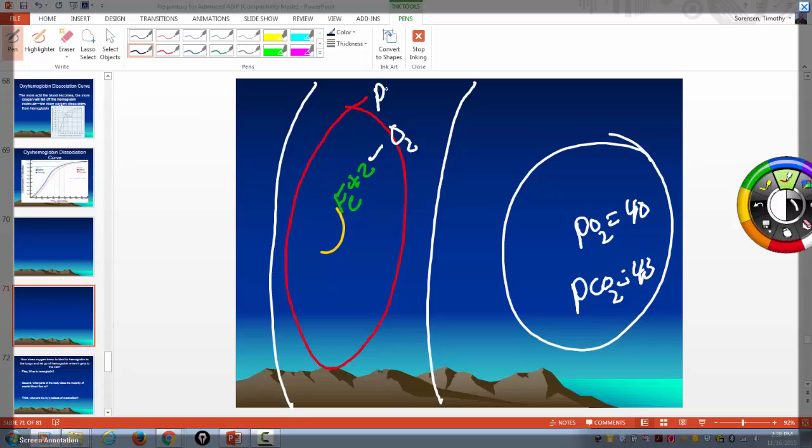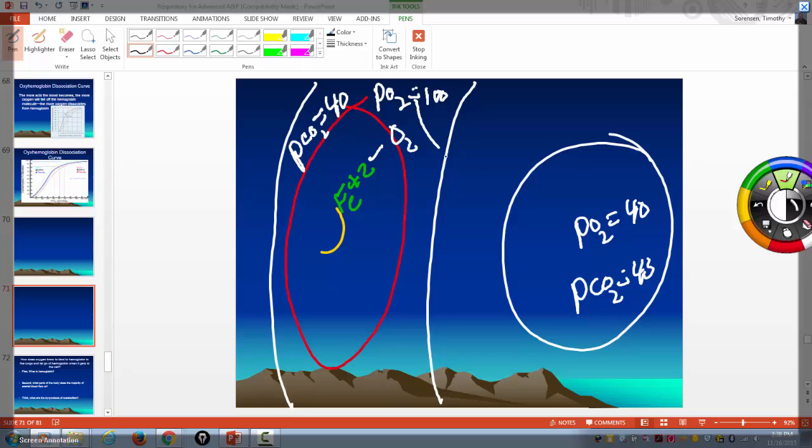What's the PO2 of arterial blood? 100. What's the PCO2? 40. So what's going to happen to that blood?